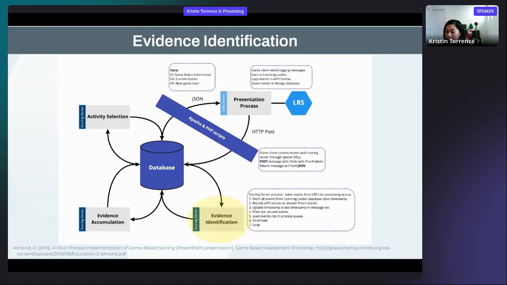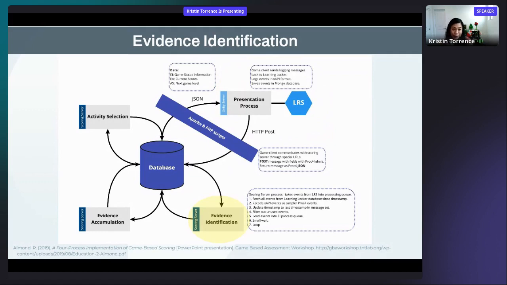And so evidence identification, what happens here is that it fetches all of the events from Learning Locker since the last timestamp since it last fetched. And it recodes these xAPI events into what are simpler proc4 message events. And then it updates the timestamp to the last timestamp in the message set.